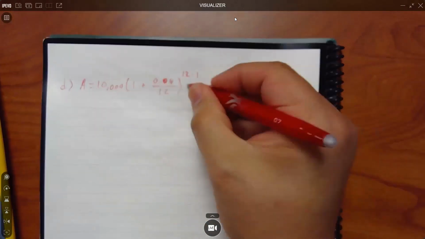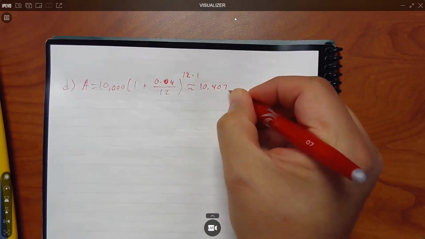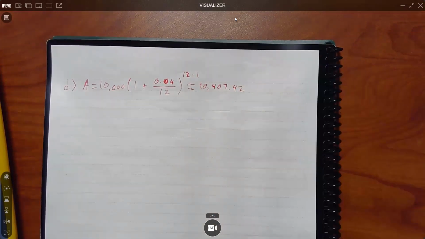Would be 10,407.42. I guess 408. Yeah, depending if they want 42 cents.